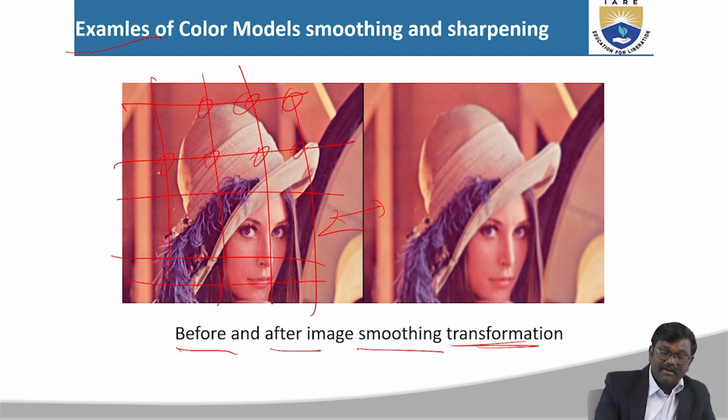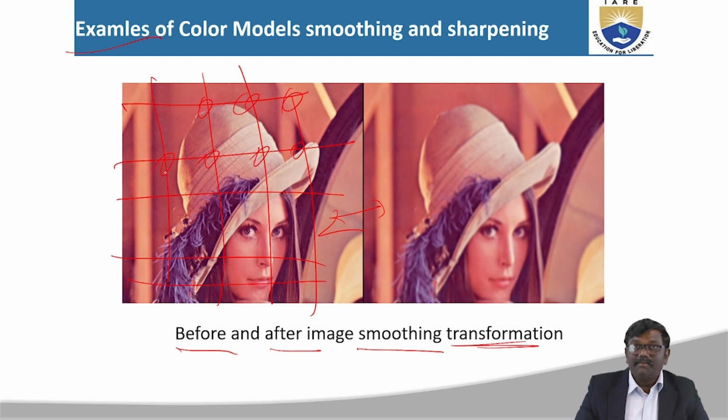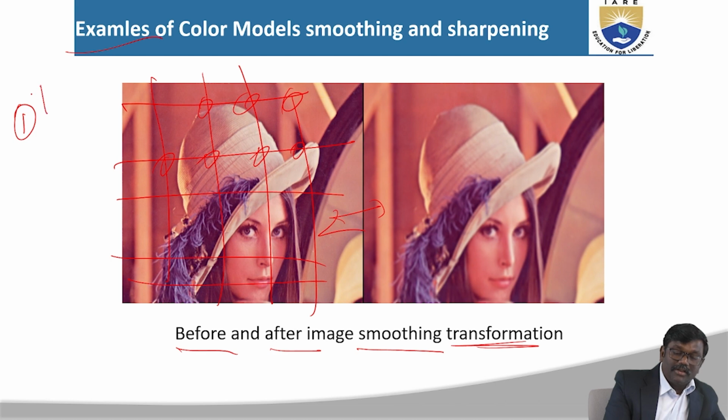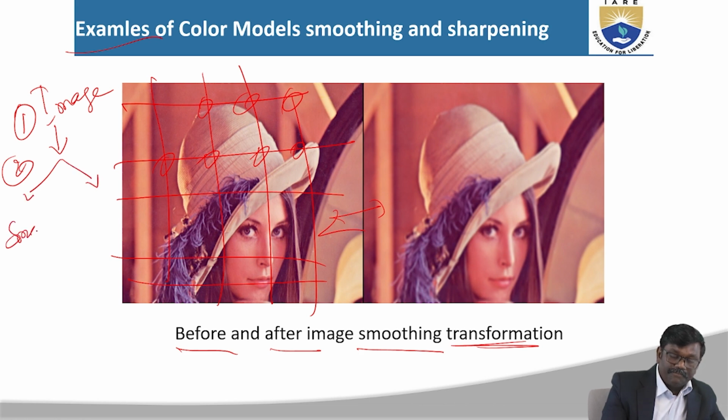There are three points we are applying here. Number one, the original image. Number two, we apply smoothing or sharpening.